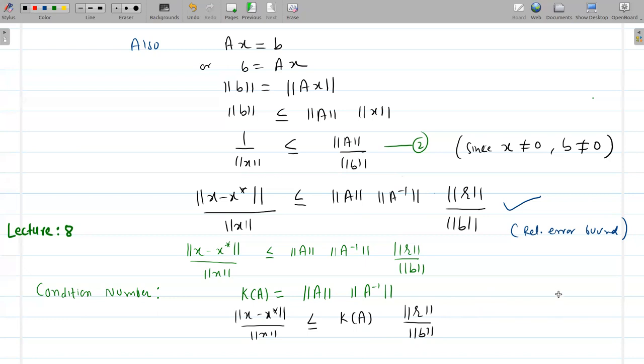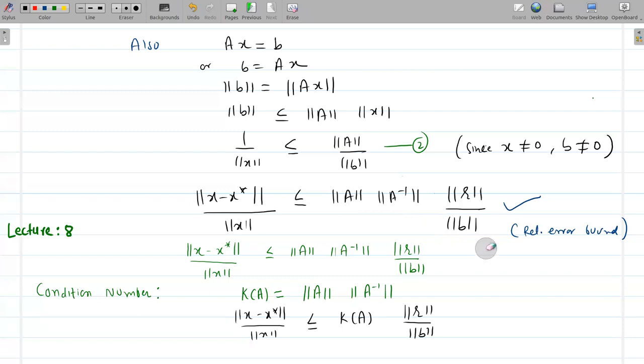In one dimension, we also defined a condition number, that was x f dash by f, the relative error in output with respect to relative error in input. But here the condition number comes from the norm. The idea is the same: this number will control relative error. If this is bigger, relative error is bigger.